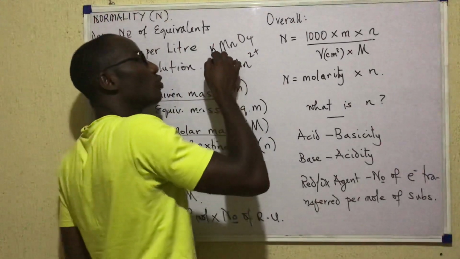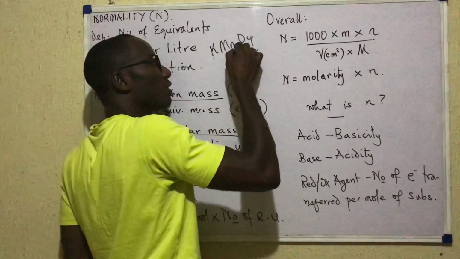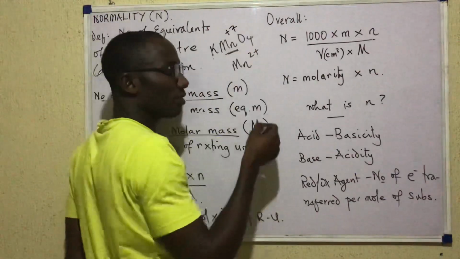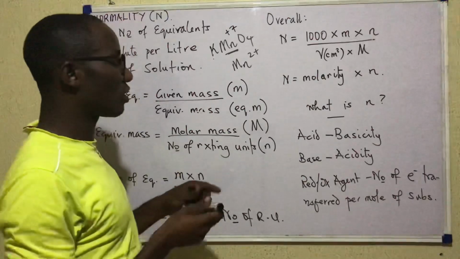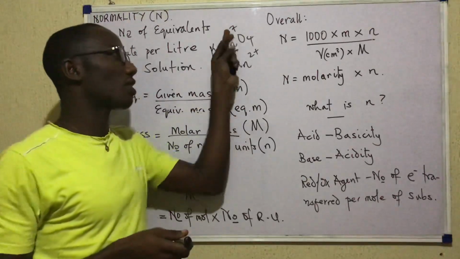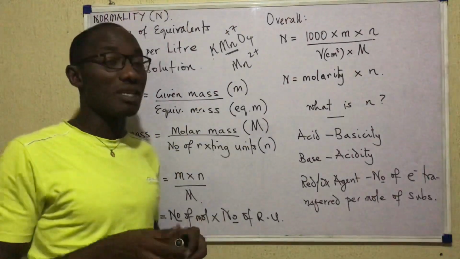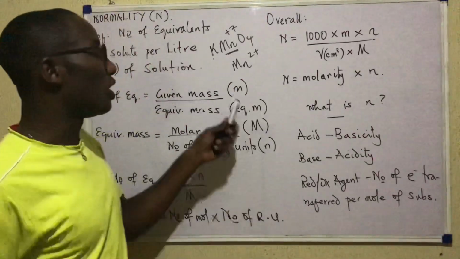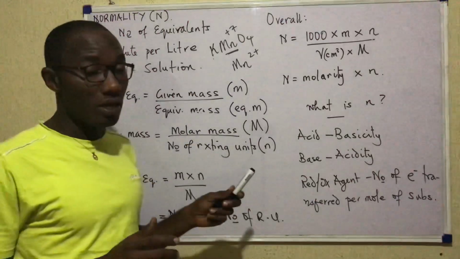If you calculate the oxidation number of manganese here, you're going to get +7. So during its reactions, manganese goes from +7 to +2, and that means a gain of how many electrons now? 5. So its number of reacting units will be 5.